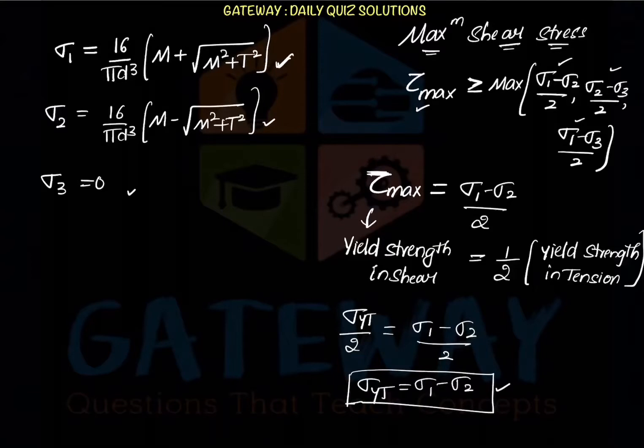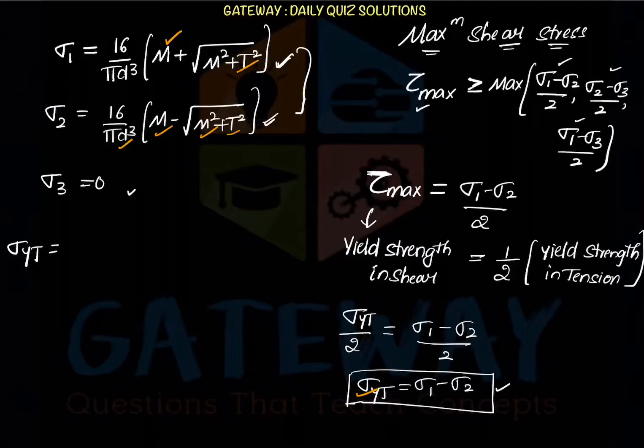Here sigma 1 and sigma 2 are known. In the question, M was given, T was given, and we need to calculate the diameter, and sigma yt was also given. By substituting, sigma yt is equal to sigma 1 minus sigma 2.